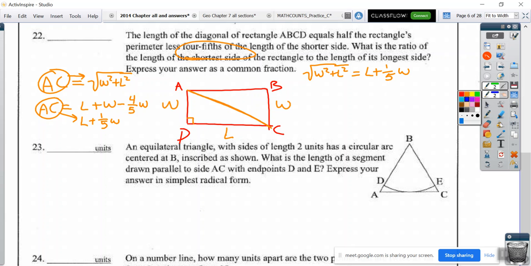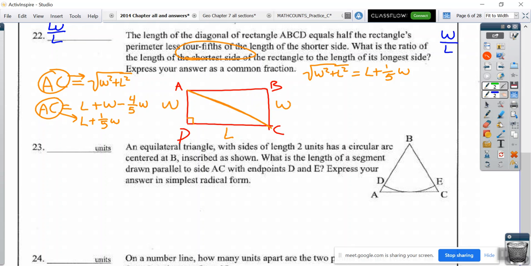Yeah, so we can pretty much solve it from here. A good thing to remember is we're not actually looking for one of the lengths. We're just looking for the length of the shorter side, which is W, divided by the longest side, which is L. So if we can figure out a way to get W over L, that would be good.